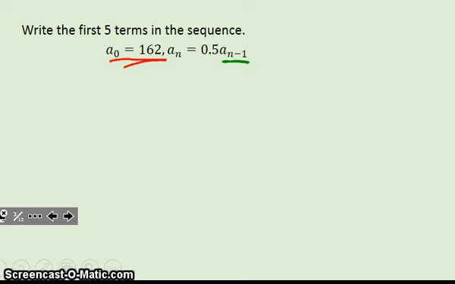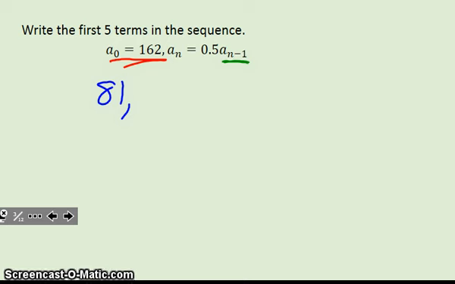You probably haven't seen this 0th term before. We're being asked to find the first 5 terms, and they're not giving us the first term, they're giving us the term that comes before the first term, the 0th term. So I'm going to take my 162 and multiply it by 0.5, I get 81.